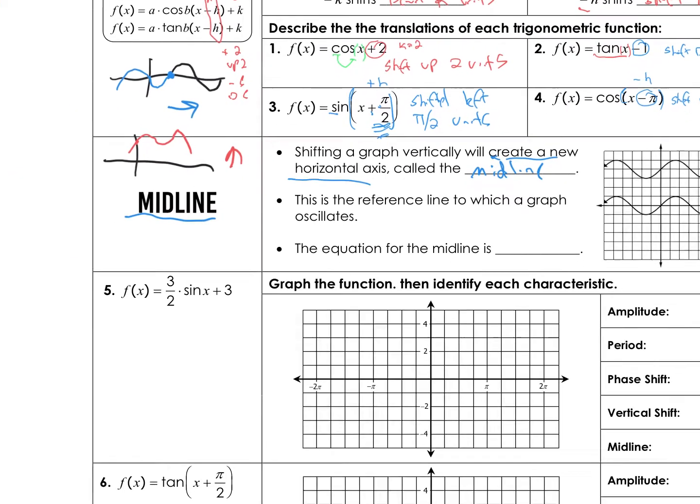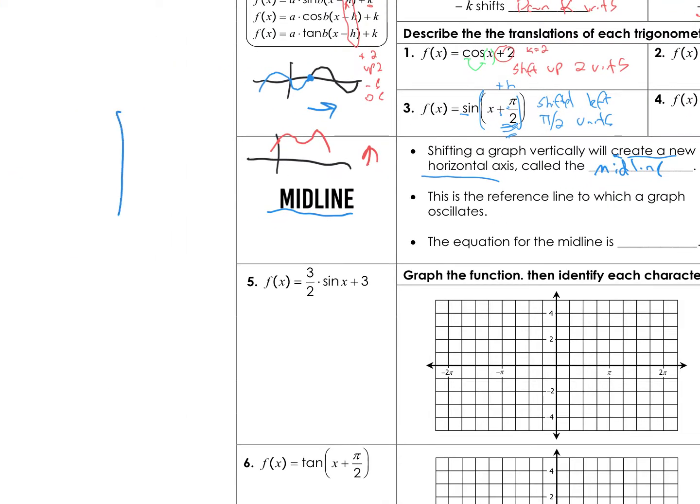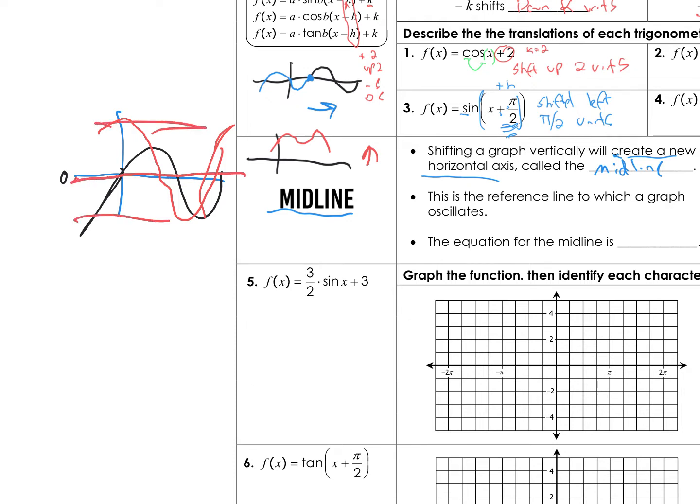Normally, what we were doing in the other lesson was all our trig functions. Midline was at y equals 0 because our cosine was there, our sine was there. And the midline, between the upper and the lower, was at y equals 0.